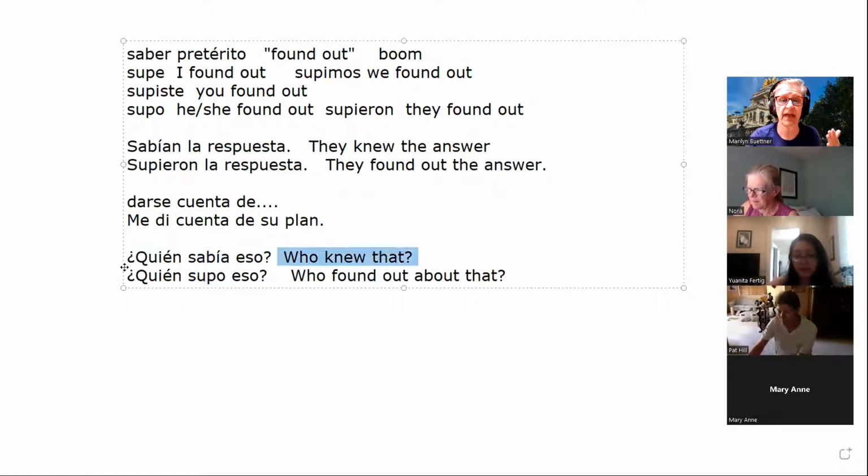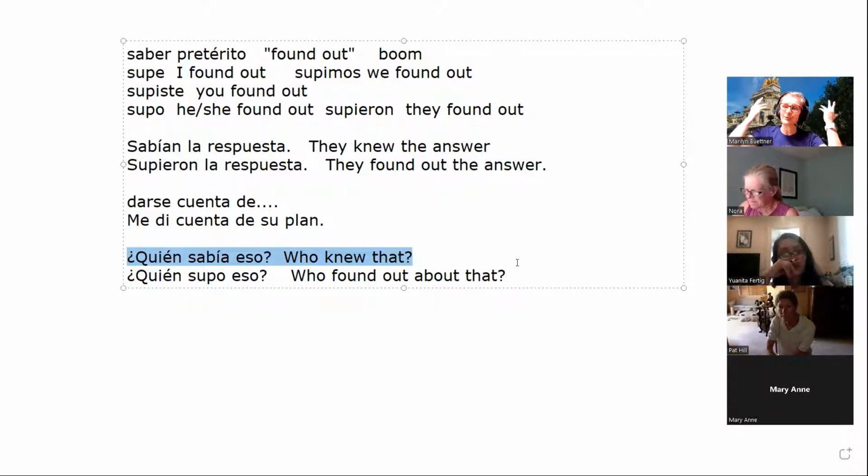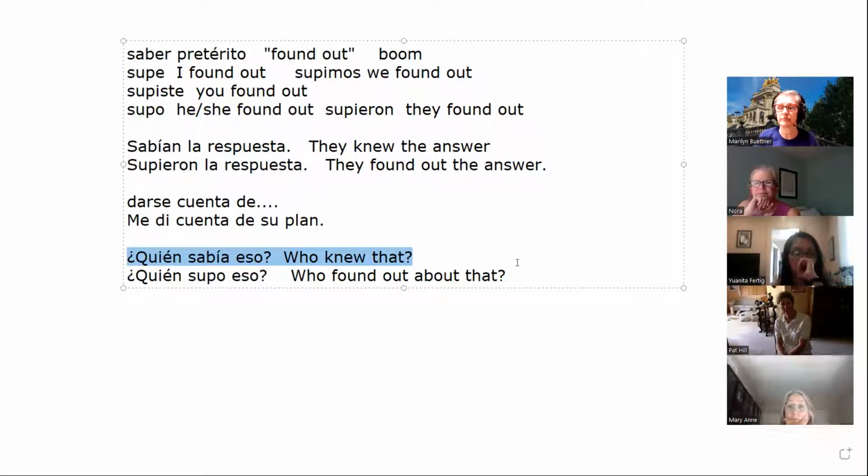This talks about the action of knew, but there's no time element attached to it. Knew, as in to know, is a very mental kind of activity. So in order for me to use preterito with the idea of knew something, it's got to happen at a very definable time.